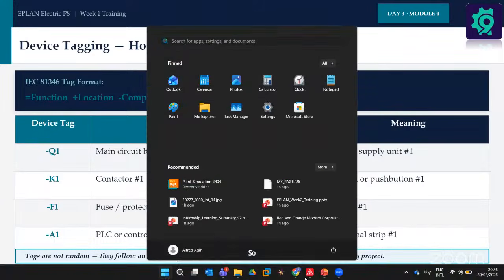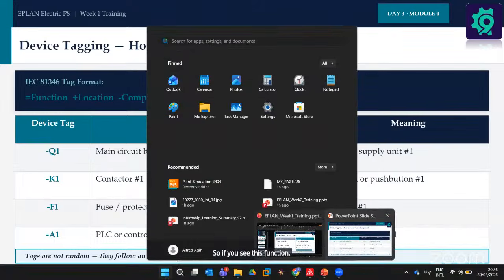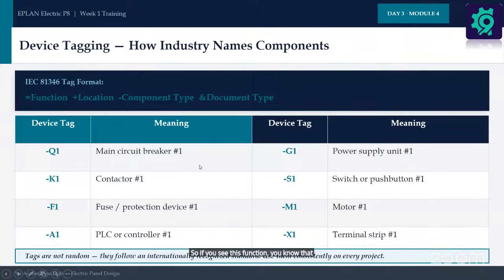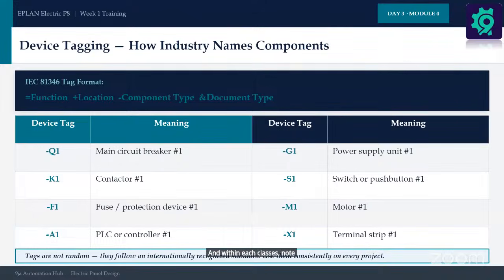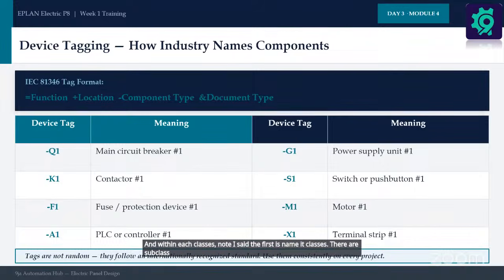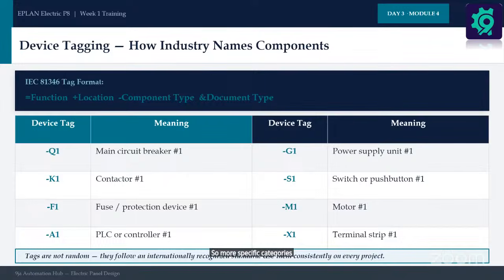So if you see this function, you know that yes, they labeled it because it is doing this function. And within each class, note I said the first is classes, there are subclasses within each class. So more specific categories within the broad class.